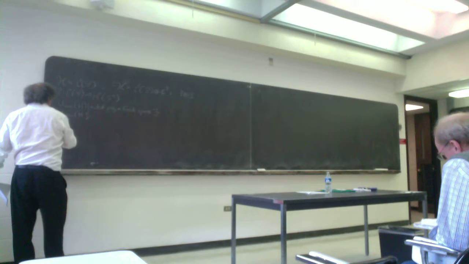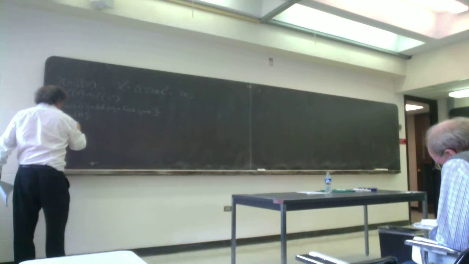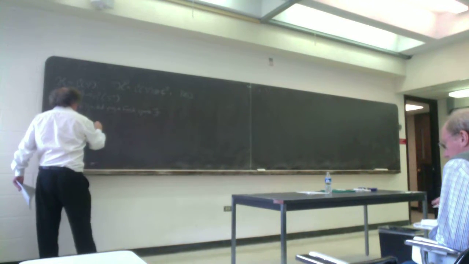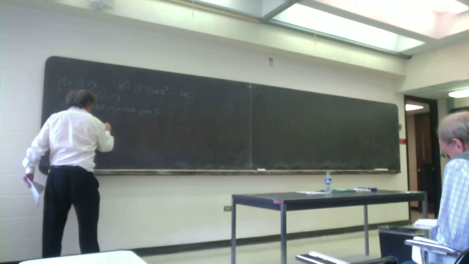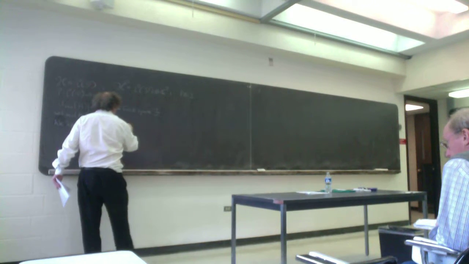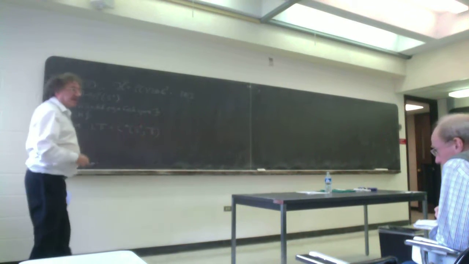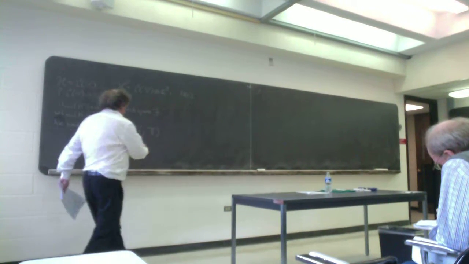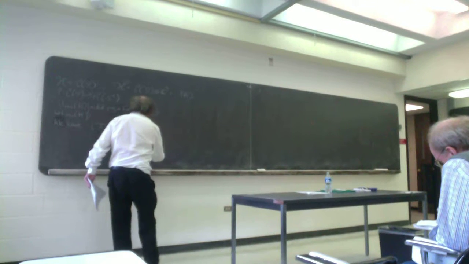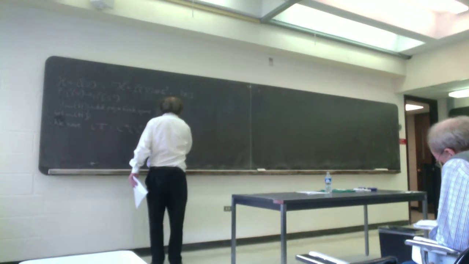On this space here, we have the loops of the circle, which are just the C infinity maps of the circle into U1, so the complex numbers of modulus 1. They act by multiplication.